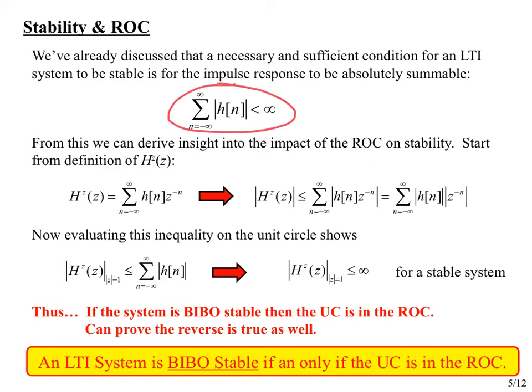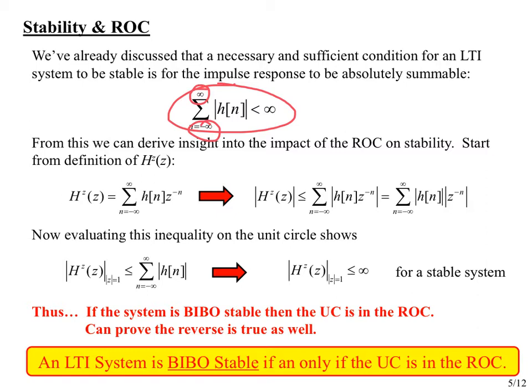The summable part means that you take that absolute value and you sum it up, all points from minus infinity to positive infinity, and that sum must be less than infinity. If it is, then the system is BIBO stable.